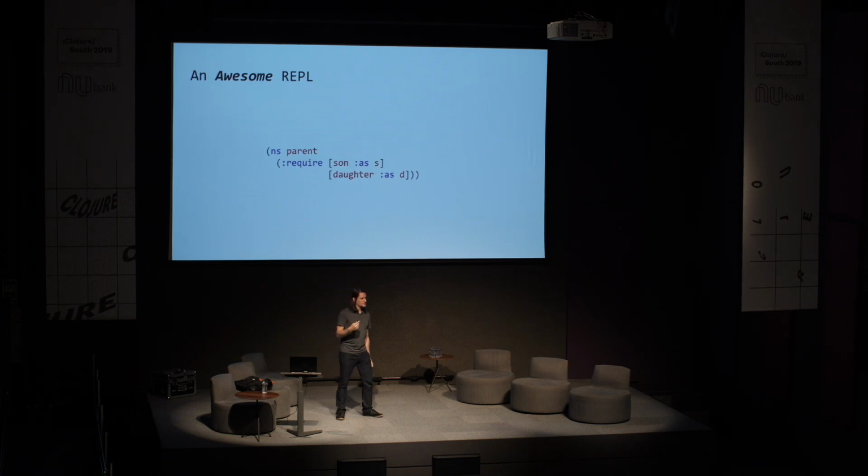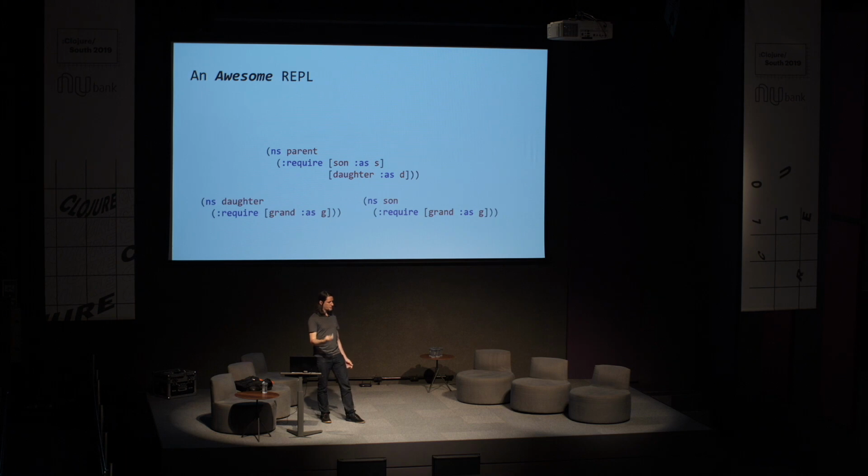Now, the Clojure REPL is just not good, it's an awesome REPL. Because if you have, let's say, this kind of namespace structure, and it requires two other namespaces that require this grand namespace, grandparent or something, there are tools that allow you to remove entire namespaces and the code below them with, for example, remove-ns or remove var.